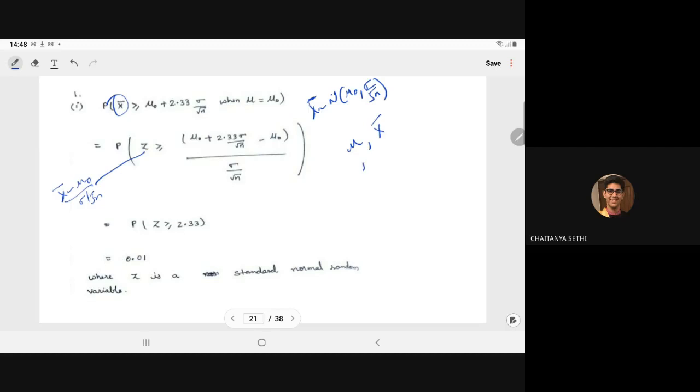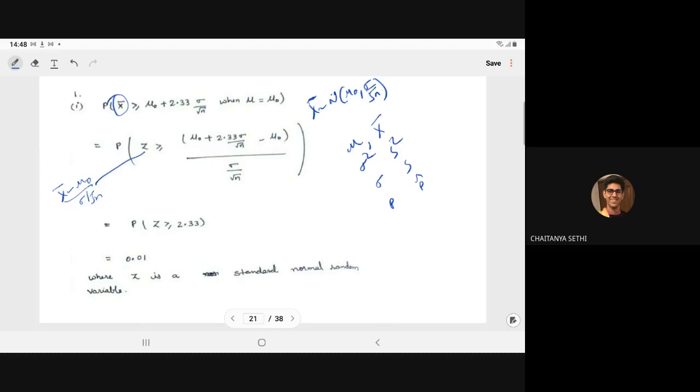When you have to test the variance, we test with the sample variance. When you have to test the standard deviation, we test with the sample standard deviation. When you have to test the proportion, we test with the sample proportion. These are the standard test statistics for testing these things.